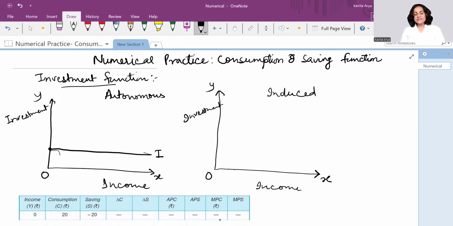For the sake of simplicity, for the sake of ease, the syllabus wants you to understand the other variables in detail. That's why it's a partial equilibrium in a way. When I say partial equilibrium, it simply says that there are some variables which are controlled. Investment here is assumed to be controlled and it remains the same.